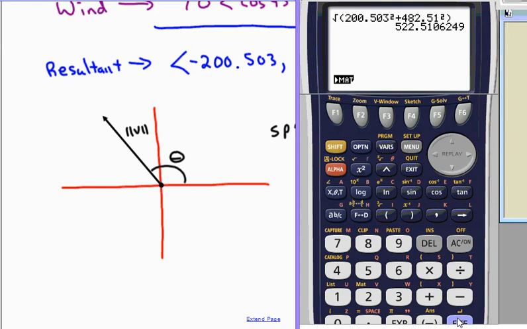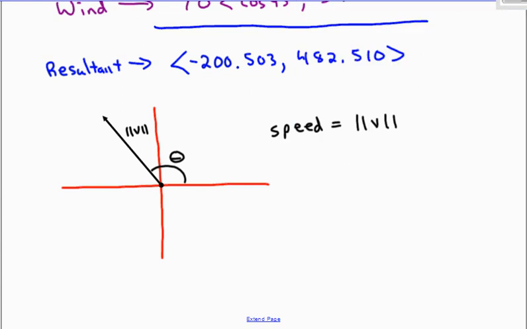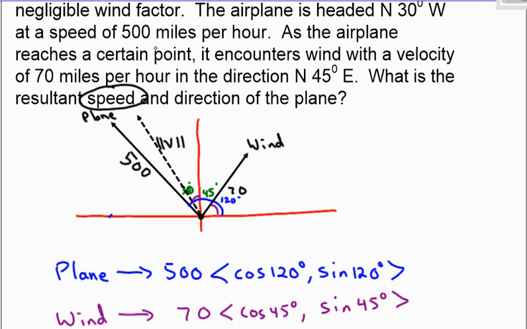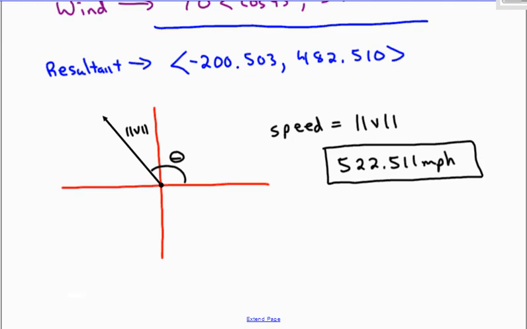Boom, there's the speed of the plane, 522.511 miles per hour. Because as the wind comes in and pushes on the plane, it's speeding it up, right? It was going 500 miles per hour, but the wind's now making it go 522 miles per hour.